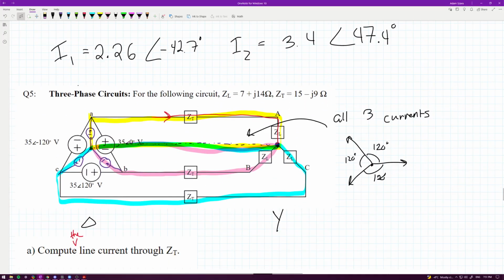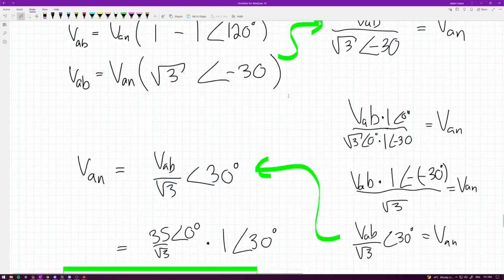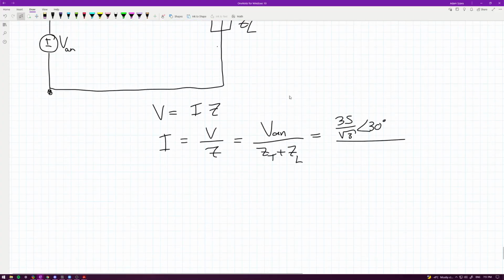So ZL, I'll just put it on the screen here so I don't have to scroll up and down all the time. Well, let's start with ZT, I guess. 15 minus j9 plus 7 plus j14. That's the two values there. And I can just plug this into my calculator. So let's go for it.